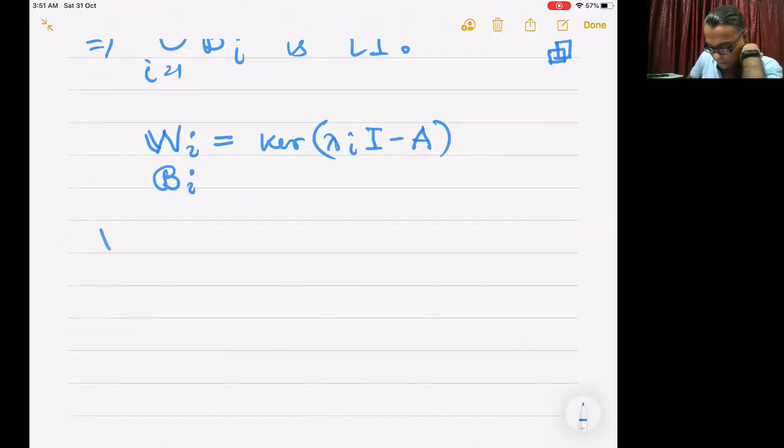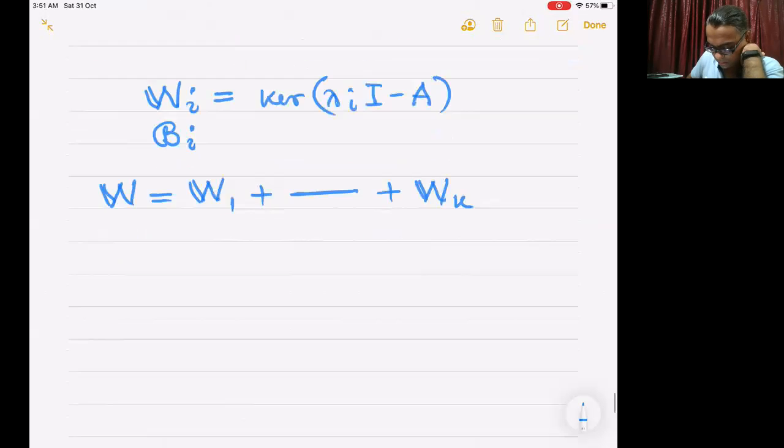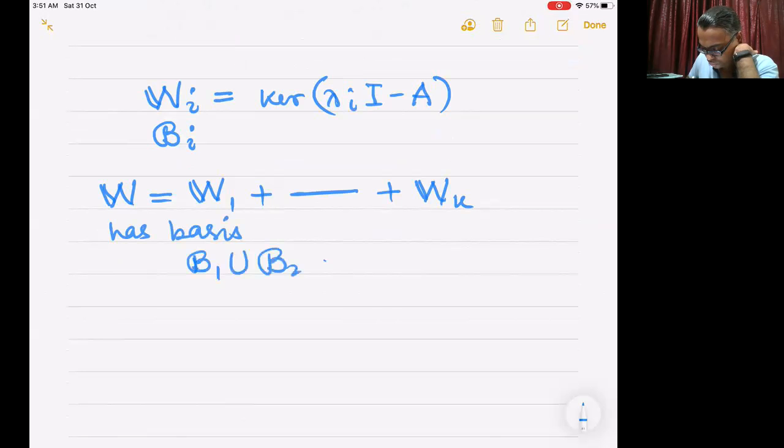Then I create the sum of these eigenvector spaces, and this has a basis given by B1, B2 union up to Bk. That's what the lemma says.